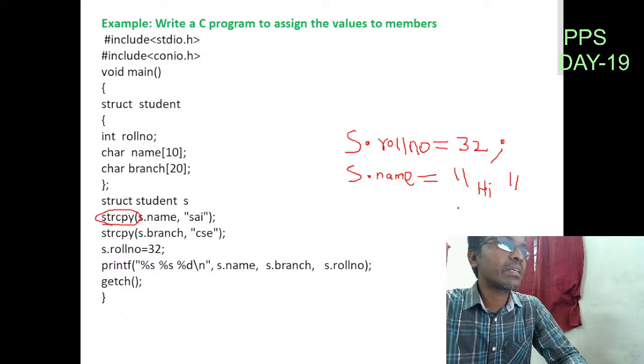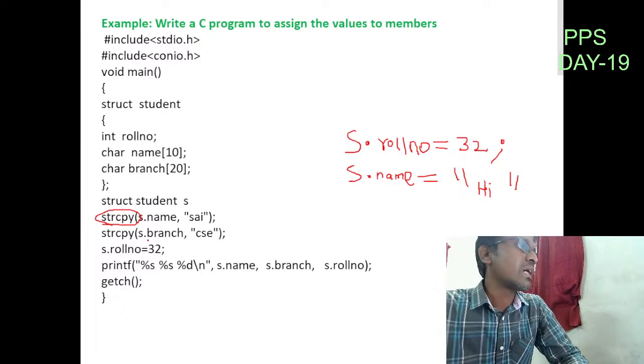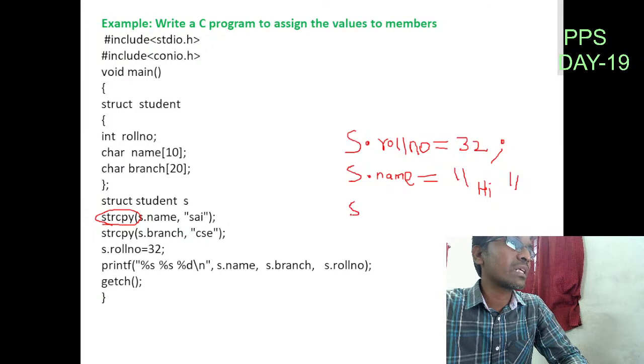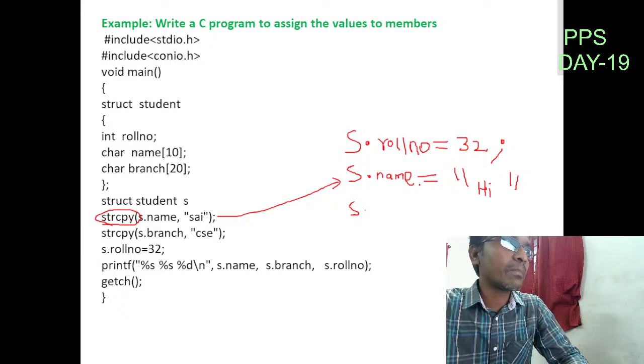Here I am simply writing hi, and the branch of the student. Instead of writing strcpy, we can also write like this: structure variable, dot operator, structure member is equal to, and in double quotes the name of the student.